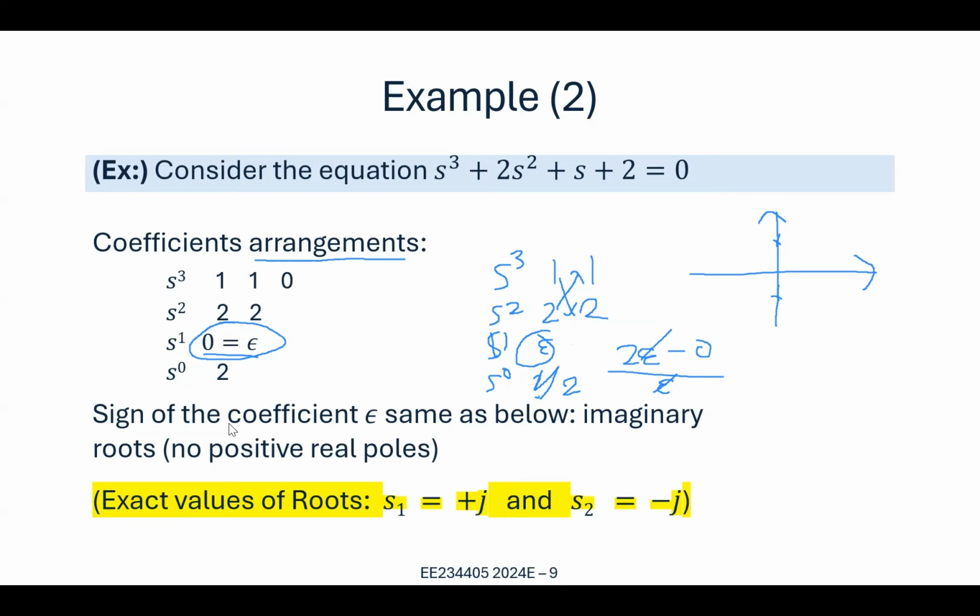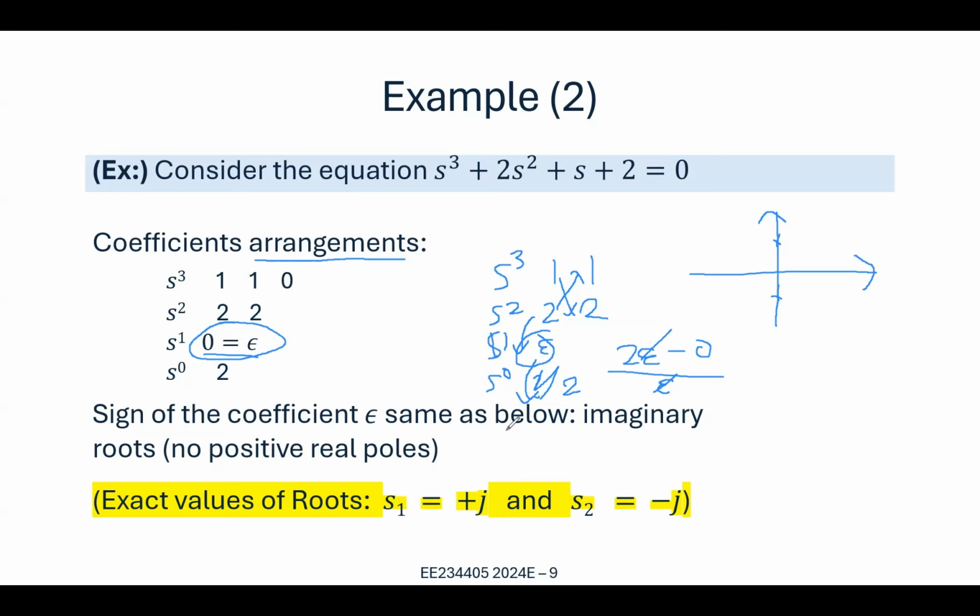So if there is no further change, we now know that there are two imaginary roots, because there is a change, quote unquote, from 2 to 0 and from 0 to 2. There are no positive real poles. There are two imaginary roots, and imaginary roots are called marginally stable.